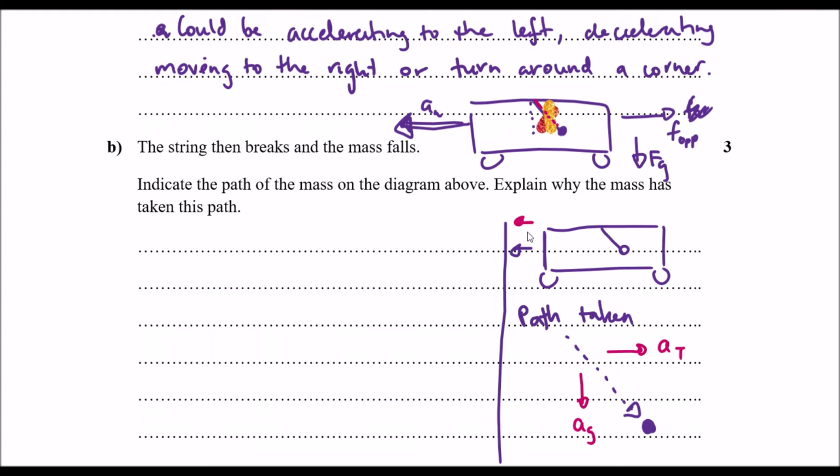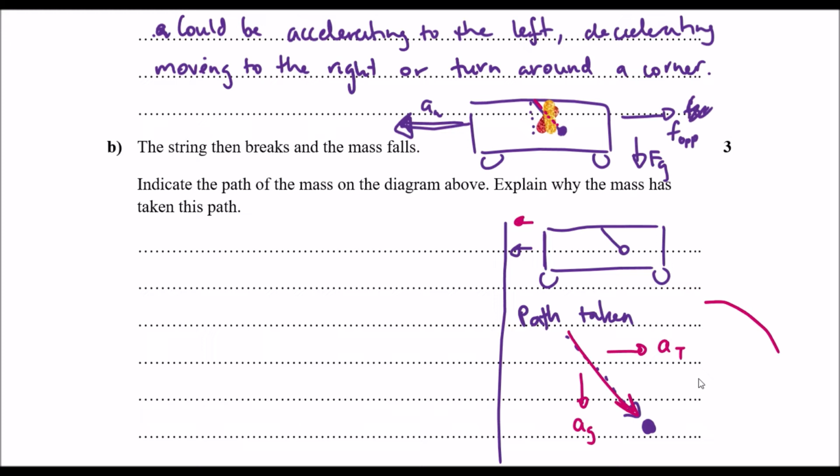That's why it's going to go directly down in a straight line instead of a parabola, as in projectile motion, because there are two accelerations. That's why it gives you that linear diagonal pathway.